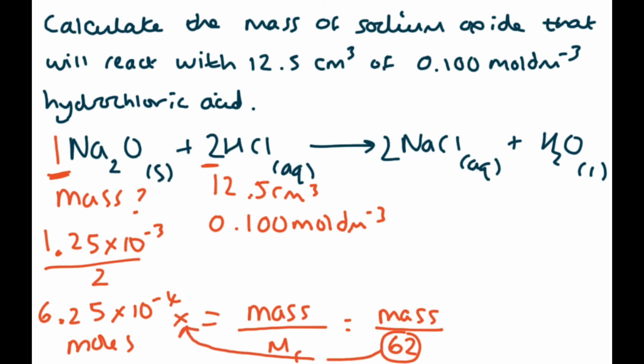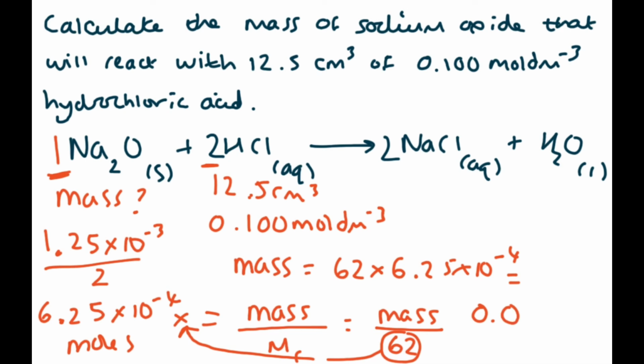So the mass of sodium oxide is going to be 62 times the moles, making sure to carry the whole calculator number through your answer, and the answer to 3 significant figures is going to be 0.0388 grams.